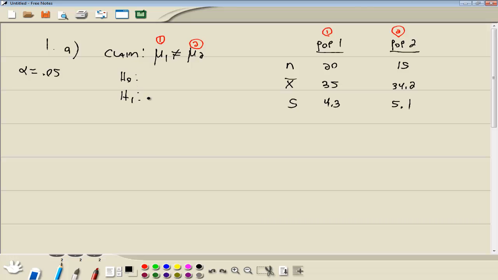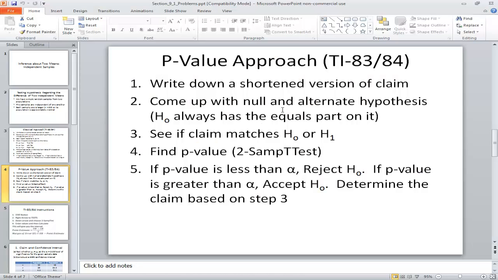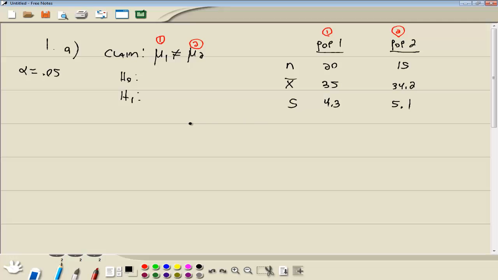Step 2, write down the null and alternate hypothesis. And the not equal to goes on H1. Remember, the only symbols you can put on H1 are less than, greater than, or not equal to. And if that's not equal to, then H0 will be equal to. If I can draw my symbols right there.